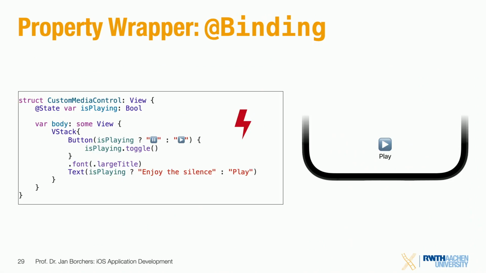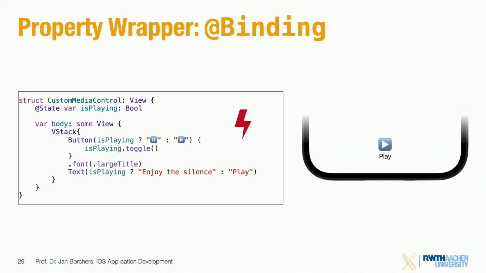And again, the reason for that is simply that inside the custom media control, we say, well, what's currently going on? Is the isPlaying variable true? Then I will show the pause button. If it's false, I will show the play button. And similarly, I will show a different text: if isPlaying is true, it will say enjoy the silence, or if it's false, the text should say play beneath this thing, right?